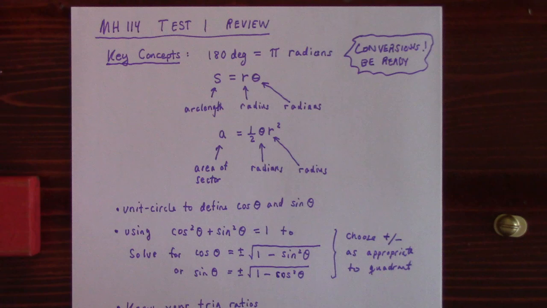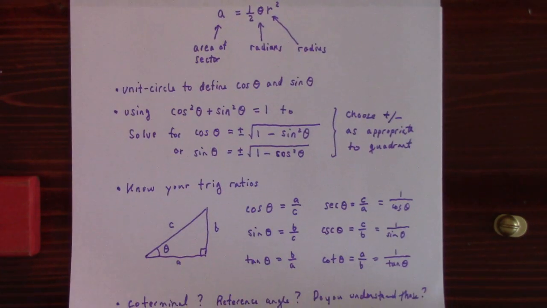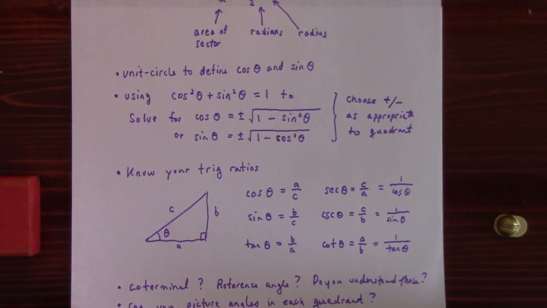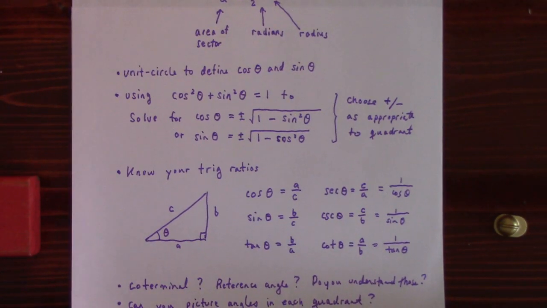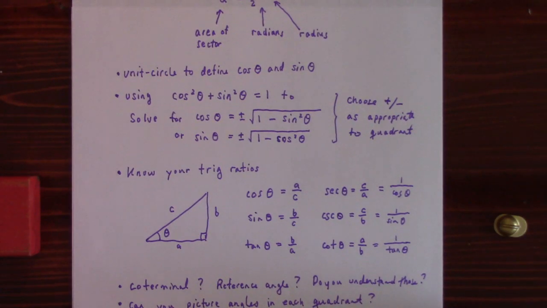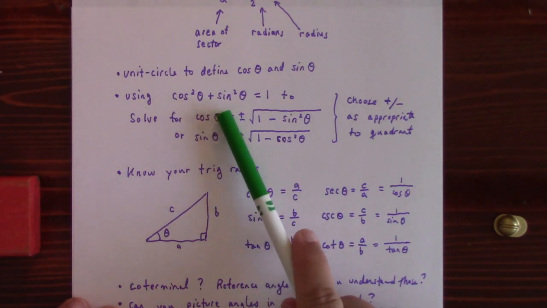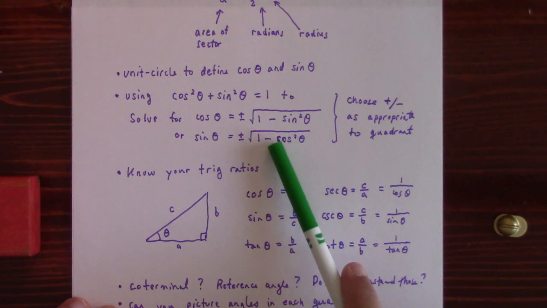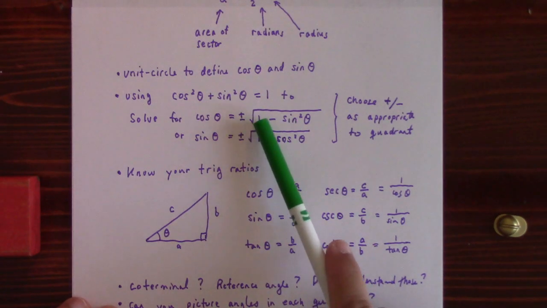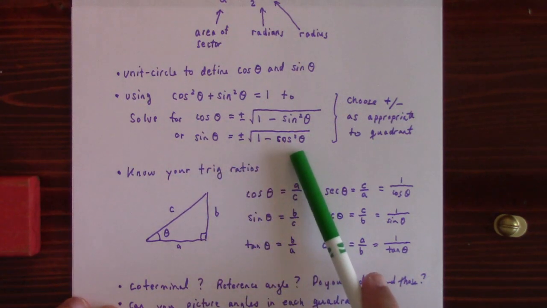So, that's well and good. Sometimes you might face another kind of problem where I give you sine or cosine and ask you to find the other one, etc. And there, it's important to know the Pythagorean identity, cosine squared plus sine squared equals 1, and equally important to know that you can solve that to get cosine in terms of sine or sine in terms of cosine.